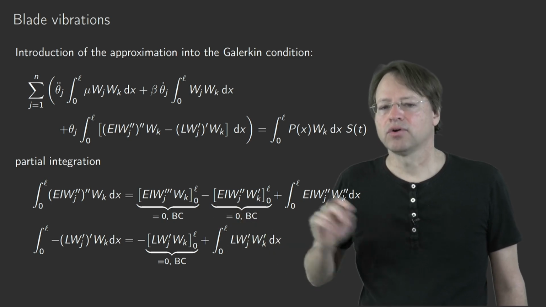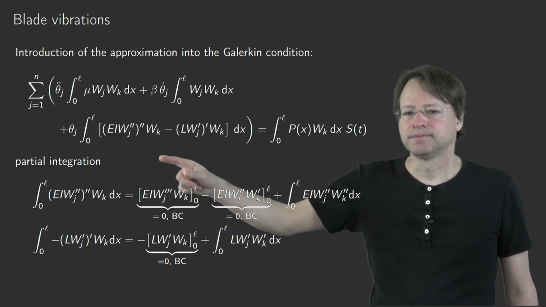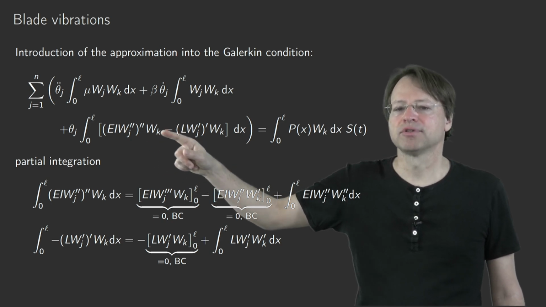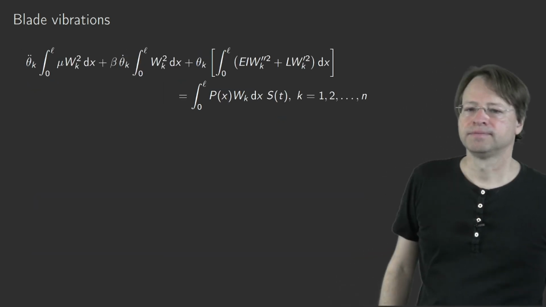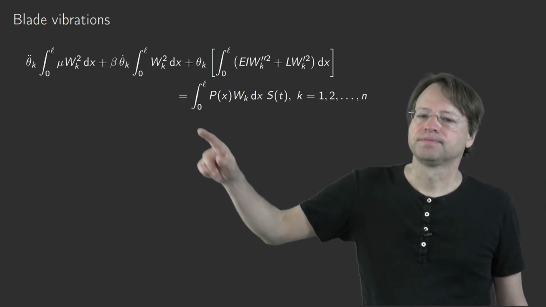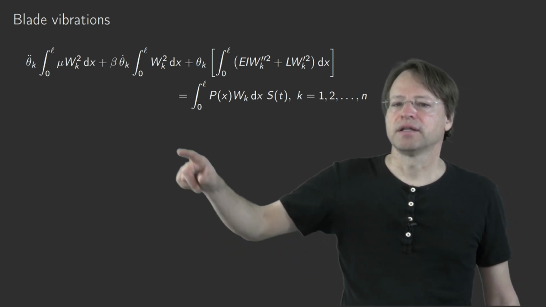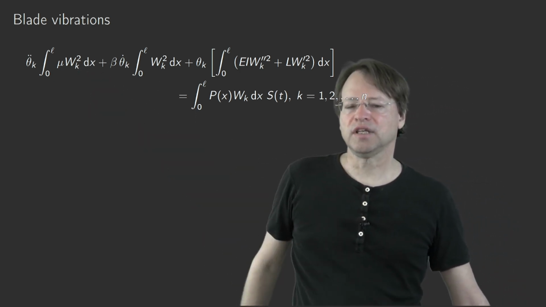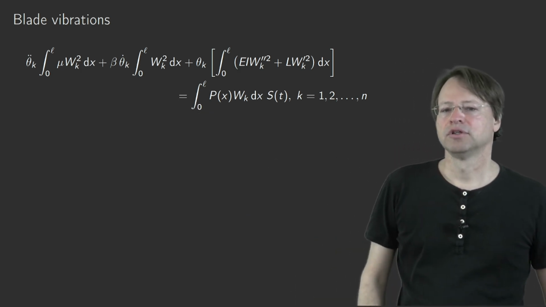So indeed all the boundary terms will disappear. Therefore we can shift the two primes to wk, and here the prime to wk. This is done on the next slide, where also the orthogonality relationships have been applied, assuming here that mu is a constant, so that we can also apply the orthogonality relationships to the second term.